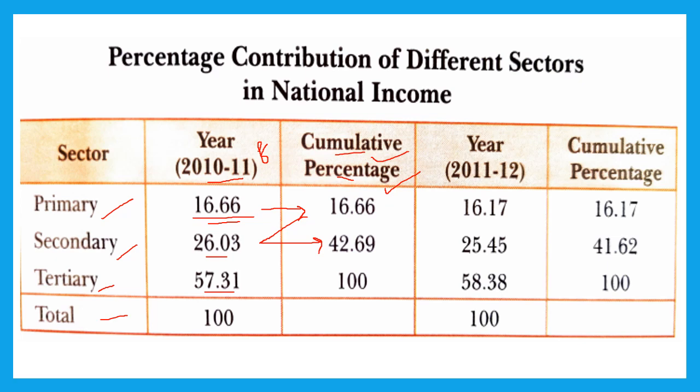In the same way, 42.69 plus 57.31 will give you 100. So this is the cumulative percentage. Similarly for this year, you will calculate the percentage, and then you will calculate the cumulative percentage.